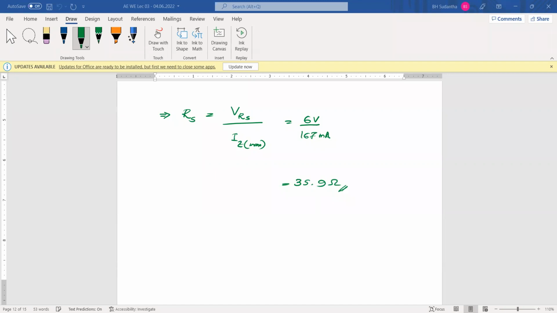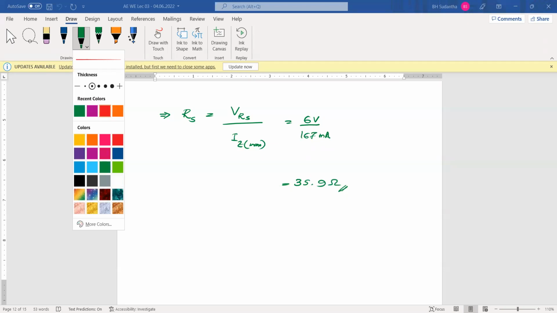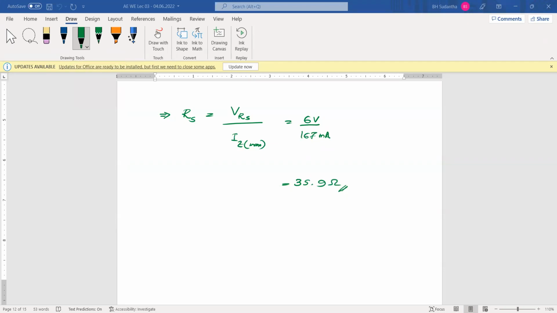This is voltage and this is current, with the reverse side as well.